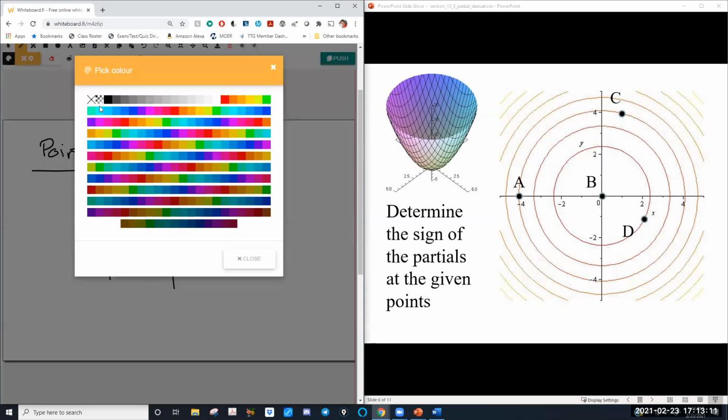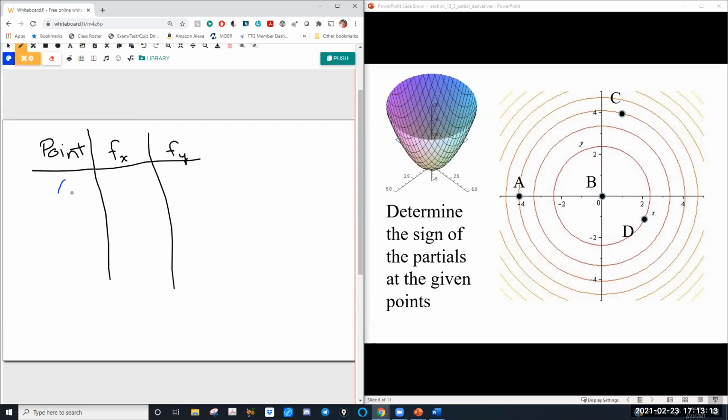We've got A, B, C, and D. And again, we're going to use what we know about instantaneous rates of change as well as stuff we've talked about previously. So let's say we're at this point A.